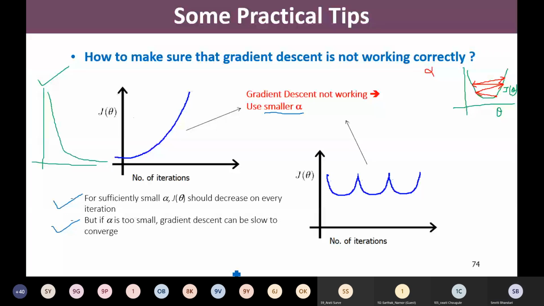And for some different data set, I may require, say for example, 300 iterations. It may happen. Or even I may require 30,000 iterations. It is also possible.